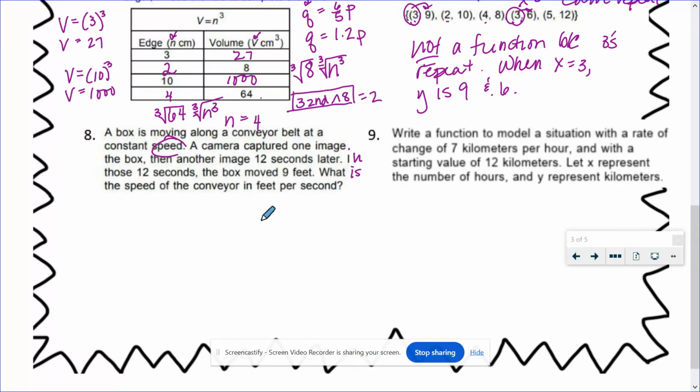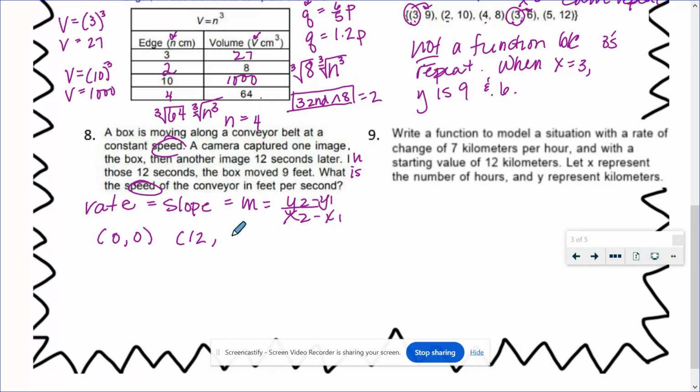All right, because they tell us about this speed here, and then they ask us for speed, that's a fancy word for rate, which also means slope, which is the letter m, which is the formula y2 minus y1 over x2 minus x1. So I'm going to want to go with this method, so I need to come up with 2 points. The first point is 0, 0, because as the box is going across the conveyor belt, this would be its starting point, and then 12 seconds later, it moved 9 feet.